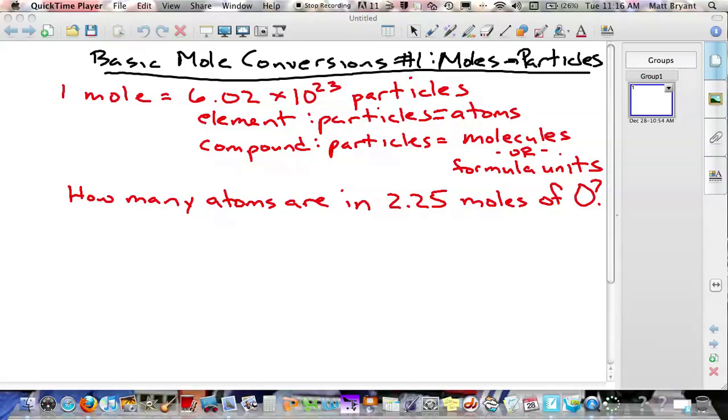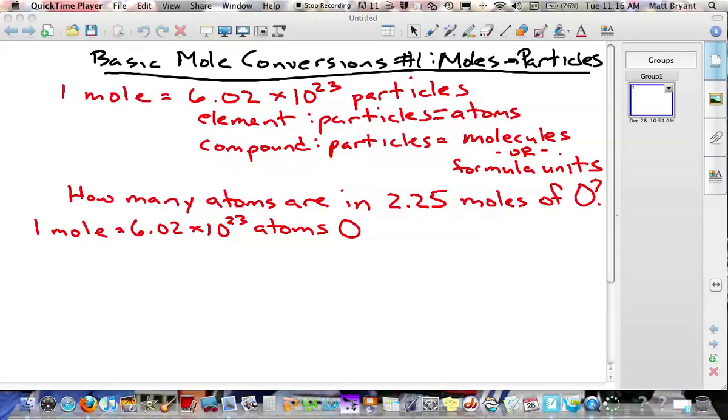We're going to write down what we know about the relationship between moles and atoms, namely, that 1 mole contains Avogadro's number, or 6.02 times 10 to the 23rd atoms of oxygen. Now, if you look at it, that should be the only thing we need to know. This is just a one-step problem. All we need to do is go from moles to particles.